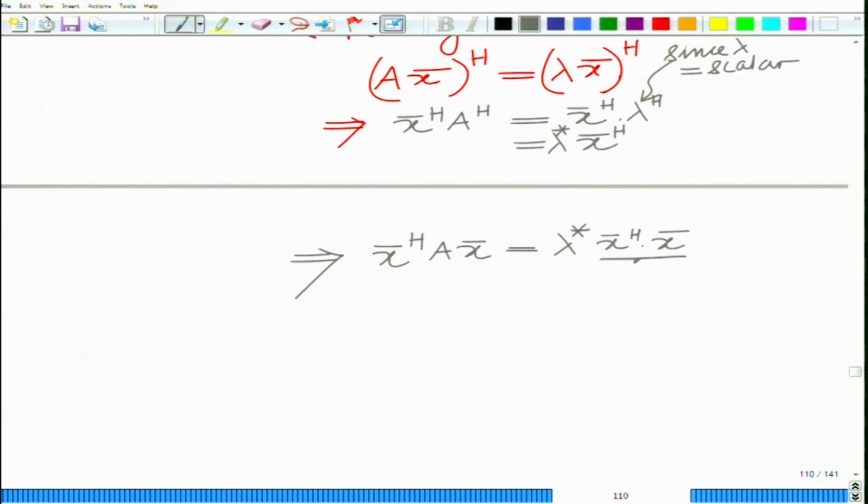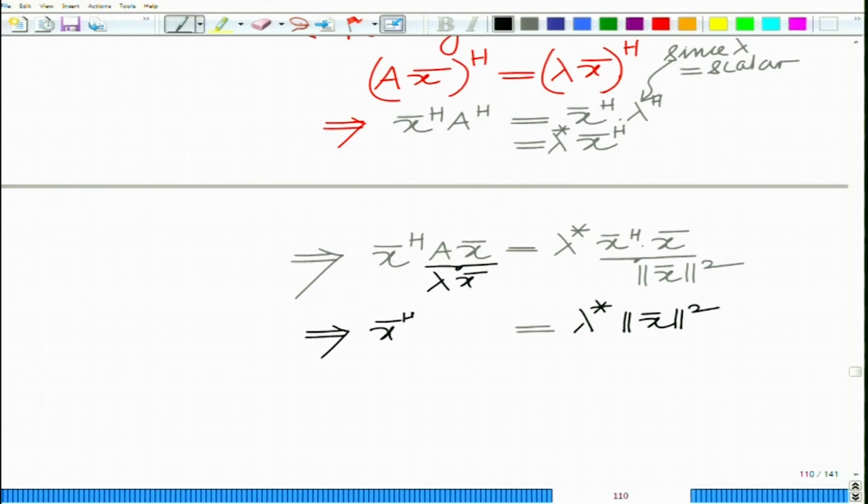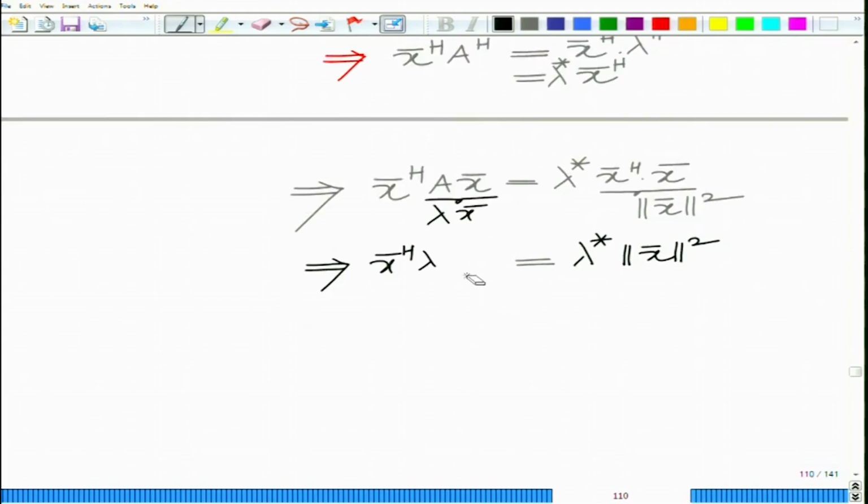But look at this, x bar Hermitian x bar is norm x bar square. So, the right side is lambda conjugate times norm x bar square, and further, A x bar equals lambda times x bar. So, this implies x bar Hermitian lambda x bar equals lambda conjugate norm x bar square. Now lambda is a number, so this is lambda x bar Hermitian x bar, which equals lambda norm x bar square, equals lambda conjugate norm x bar square.